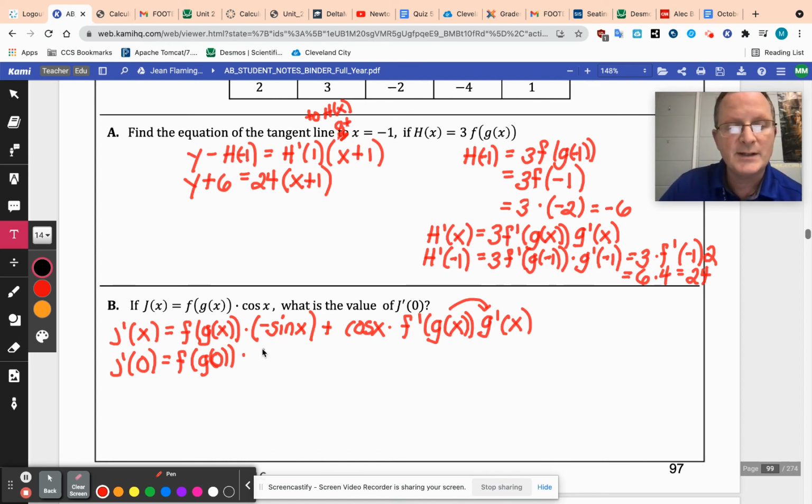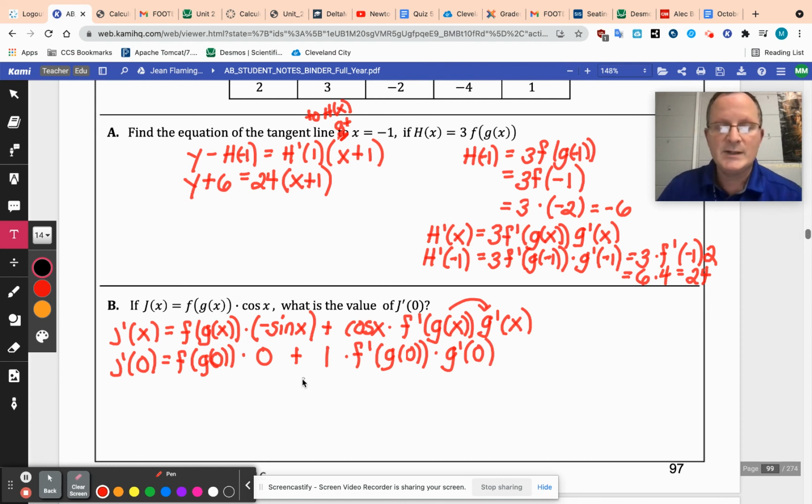So that's all gone then, times 0. Plus cosine 0, which is 1. And then I've got f prime of g of 0 times g prime of 0. Okay, so all that went away, which is kind of cool.